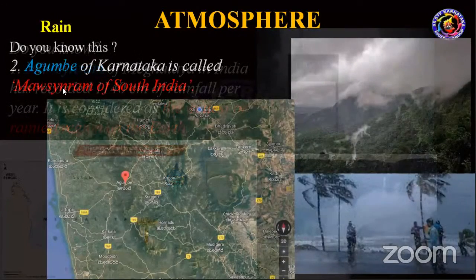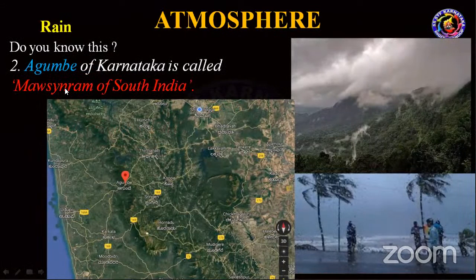And Agumbe, which is in Karnataka, is called the Mausinram of South India. It is in the Shimoga district.